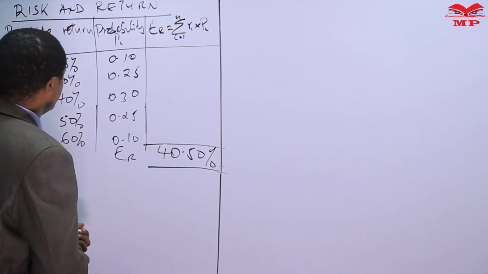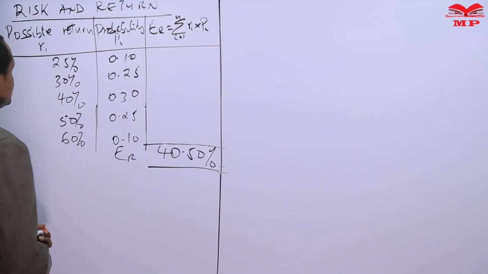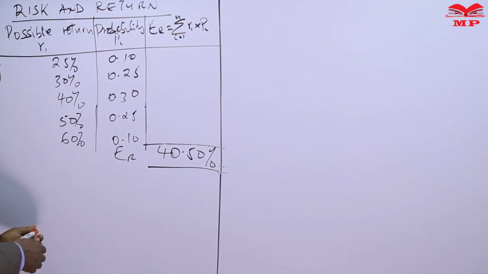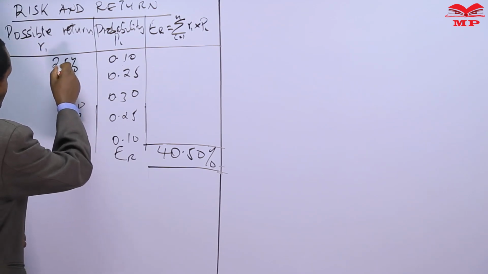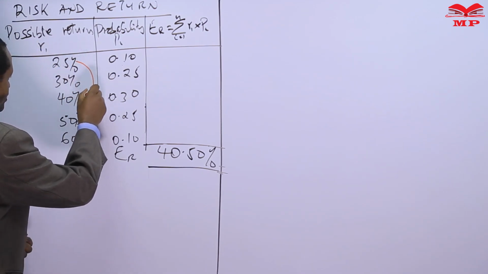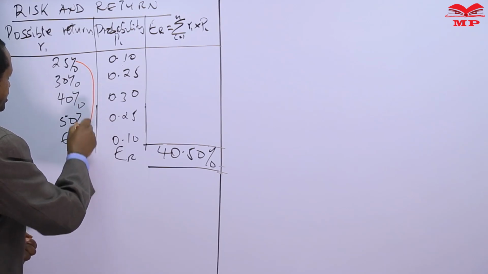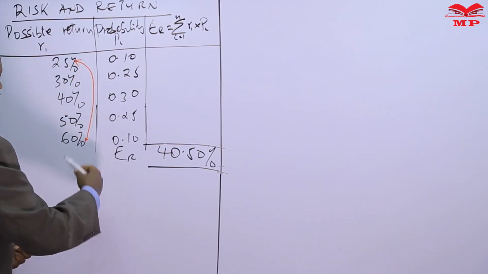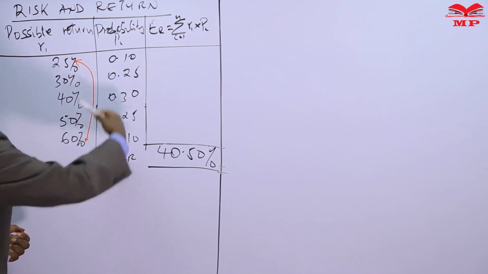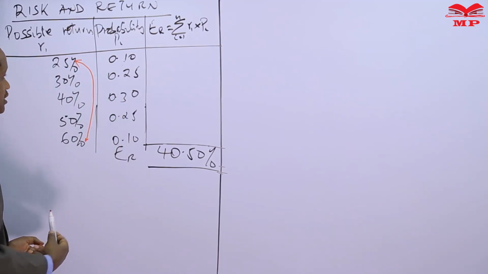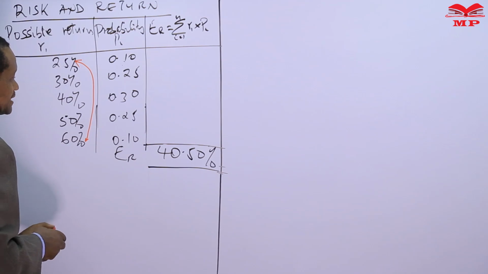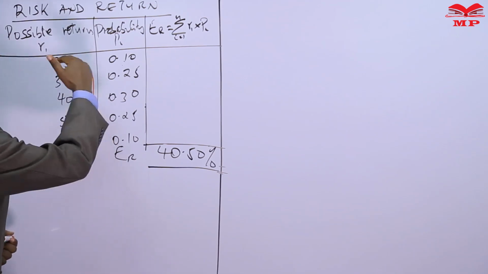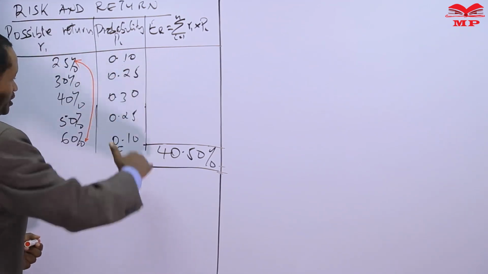And you can see these possible returns are varying between at the least 25%, and at most 60%. That is the variation with different probabilities.